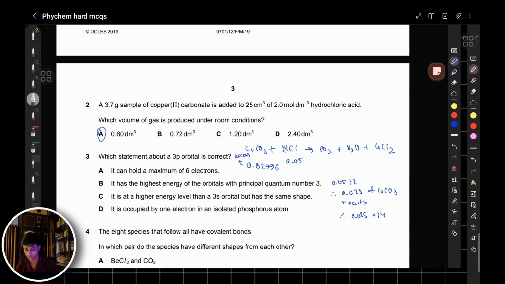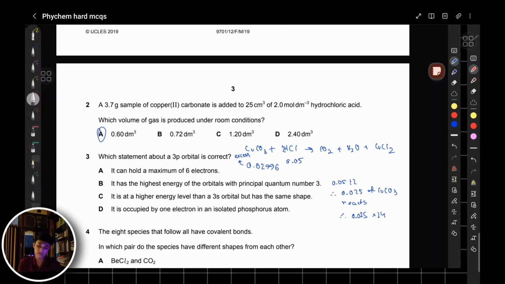CO2, yes, H2O, yes, and a salt. Okay, is this balanced? CuCl2. You have to add 2, yeah. 2 HCl. Yeah, it's balanced.